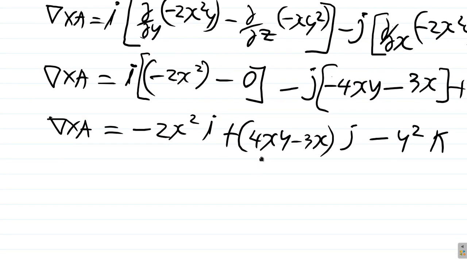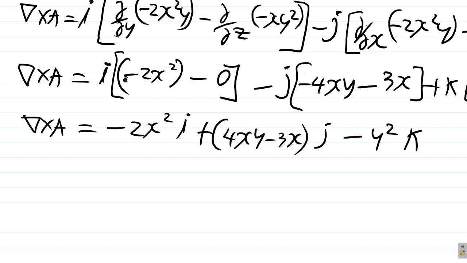So there you have your curl. I multiplied inside and outside by negative 1, so both the negative 4xy and the negative 3x become positive. So there you have the curl of A.